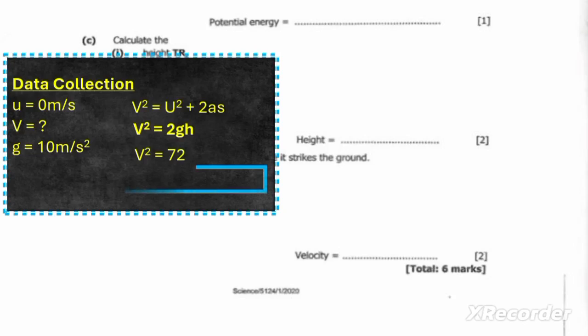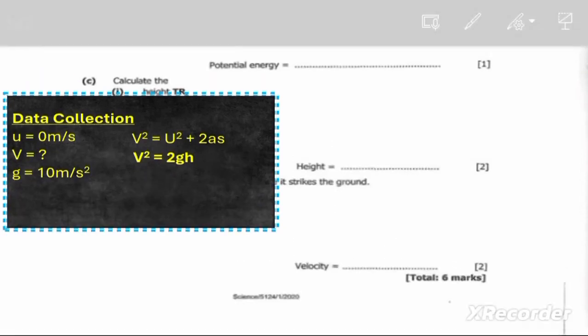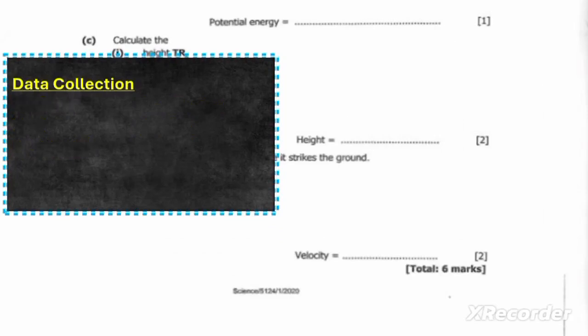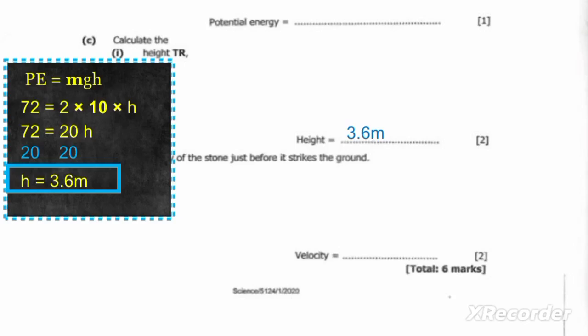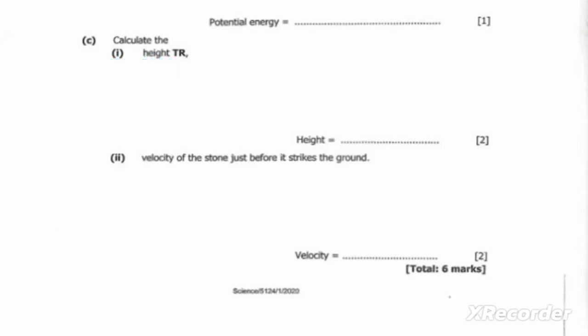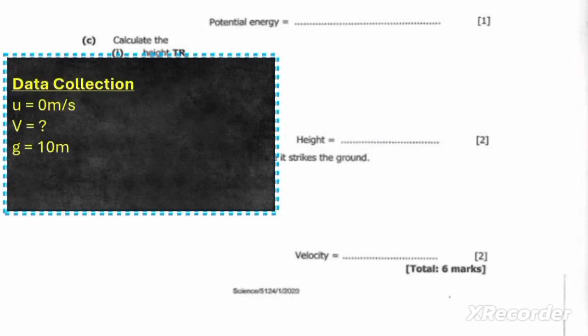So to find final velocity, where there is 2, we write 2, where there is g, we write 10, and where there is h, we write 3.6. We are from finding h, the height. The height that we found is 3.6 meters.